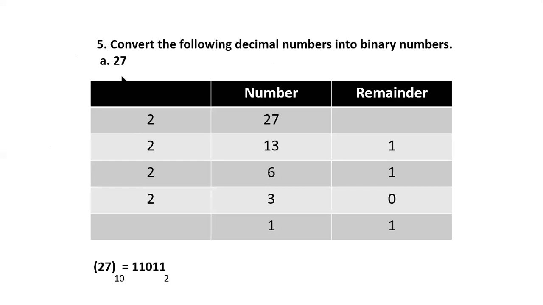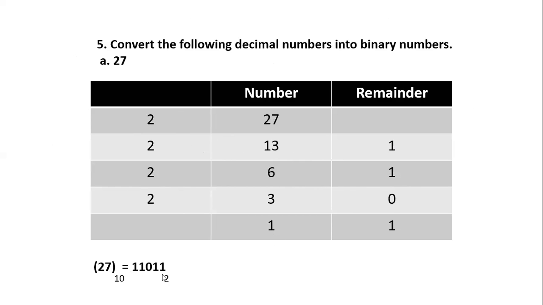There is another example over here. 27 is being divided by 2 again and again. Answers are written over here in each step with their remainders at the side. You can see the answer starting from this 1, 0, 1, 1.